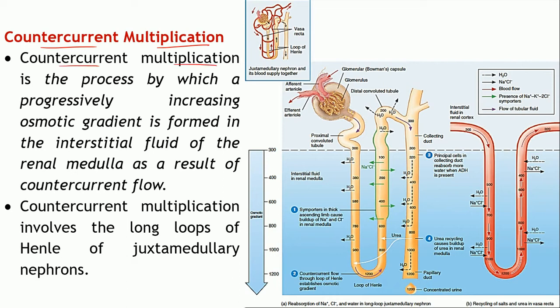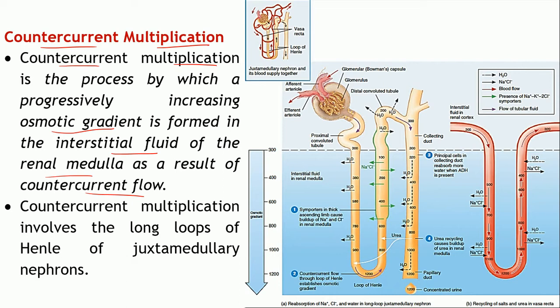So what is this countercurrent multiplication? It is a process by which a progressively increasing osmotic gradient is formed in the interstitial fluid of the renal medulla as a result of countercurrent flow. So as you travel deeper into the medulla, there is an increase in the osmotic gradient, right? It is not the same.